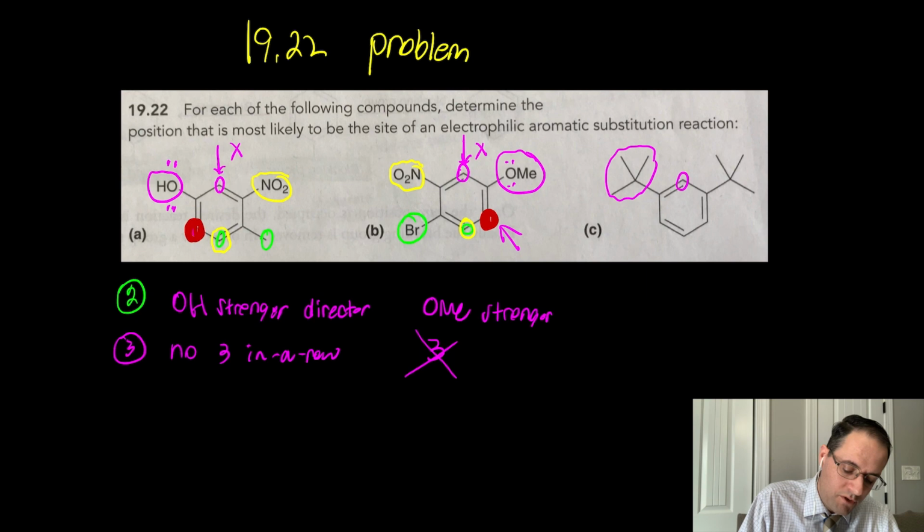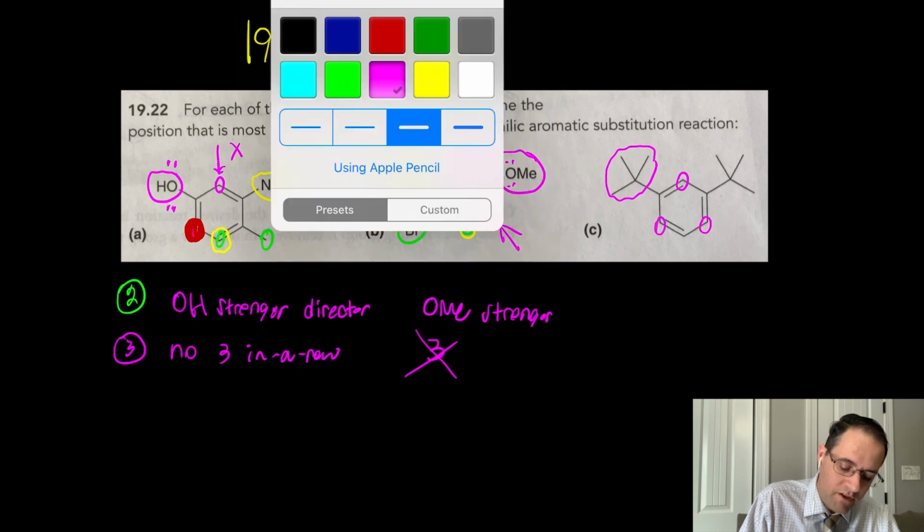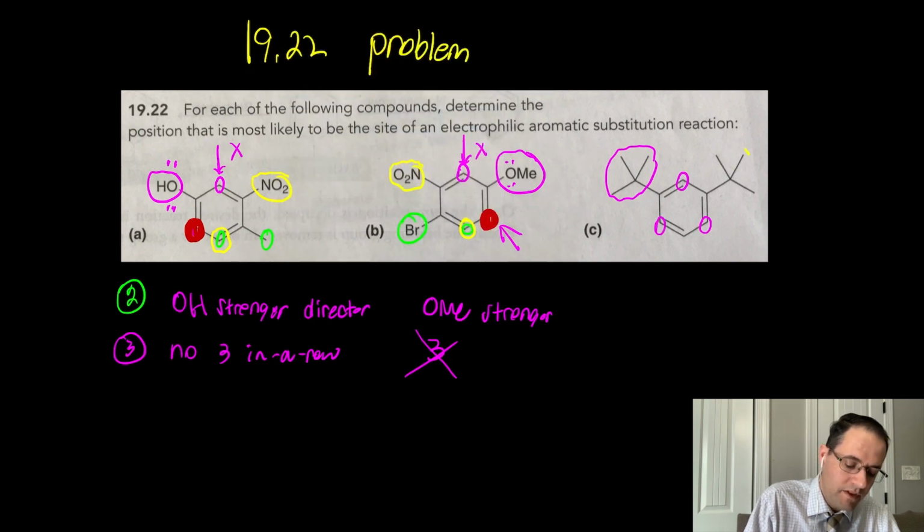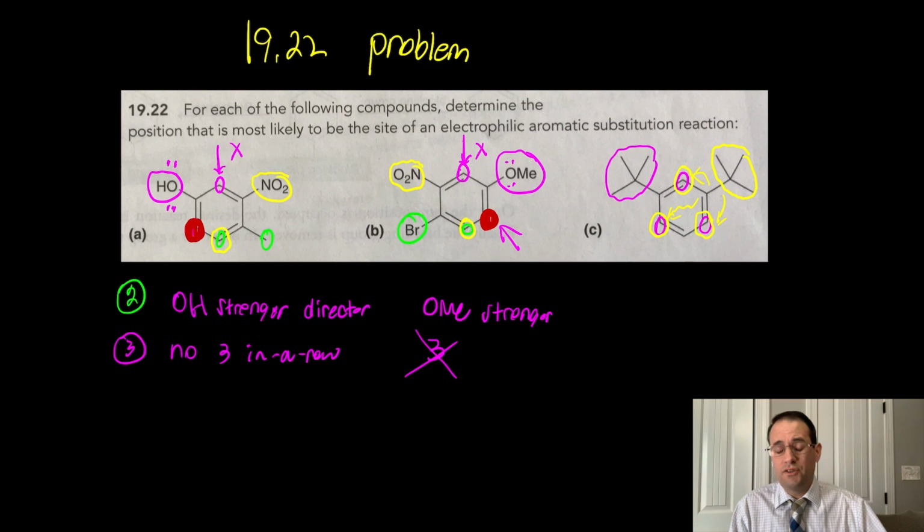This is a tert-butyl group. This is an ortho para director. It's an equally good director, and it directs to the 2 ortho and the para. Remember, para to that circled one, ortho to that circled tert-butyl group.